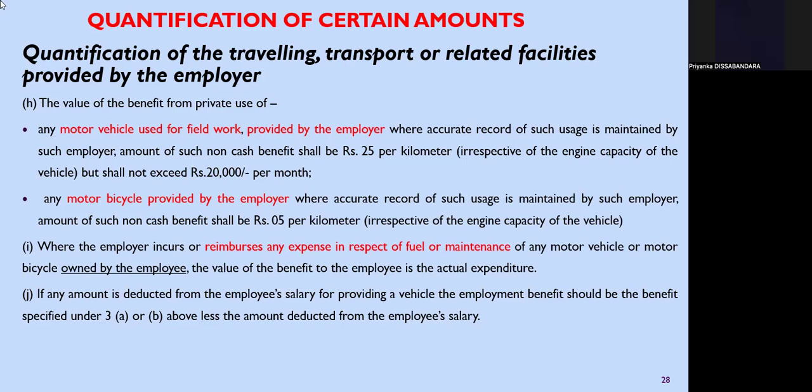If an amount is deducted from the employee's salary for providing a vehicle, the employment benefit should be the benefit specified under 3A or B above, less the amount deducted from the employee's salary. This is similar to the housing benefit. When we consider the housing benefit, if we deduct some part of the salary, we have to subtract that amount.